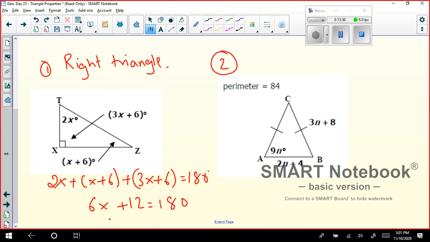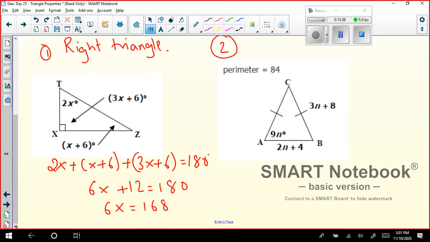Subtract 12 from both sides to get 6x equals 168. And dividing by 6 on both sides, I get x equals 168 divided by 6, which is nothing but 28. So I have x equals 28 for this particular triangle.